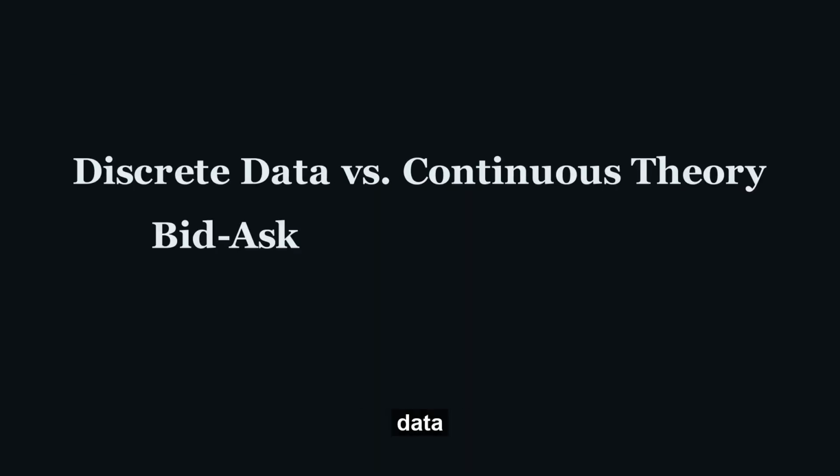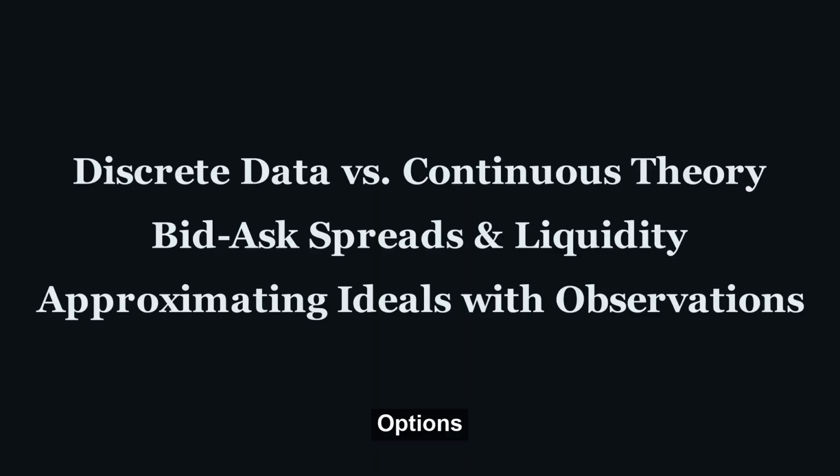However, real-world data presents several challenges. Options trade at discrete strikes and maturities, not continuously. There are bid-ask spreads, liquidity issues, and potential data errors. Our mathematical models often assume frictionless markets and continuous trading. The art of quantitative finance lies in skillfully navigating these discrepancies, making informed choices to approximate theoretical ideals with practical market observations.